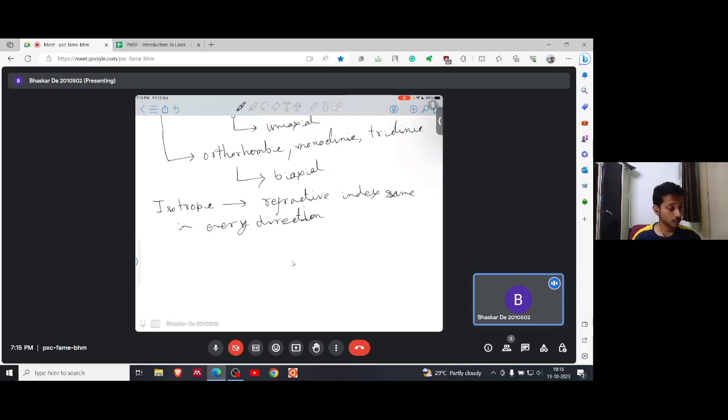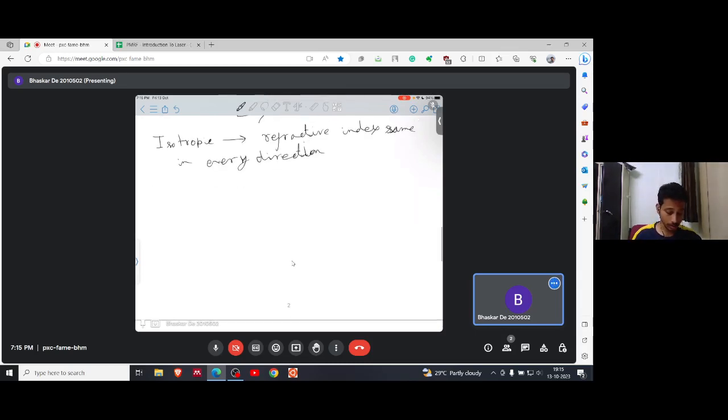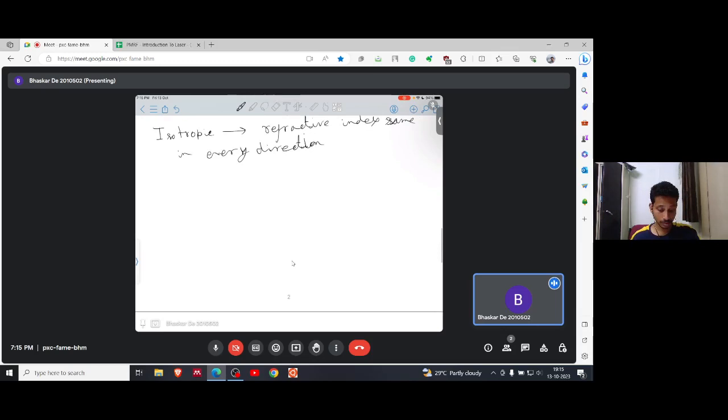So now the polarization is changing due to the interaction of material and light. Polarization response of materials to light.